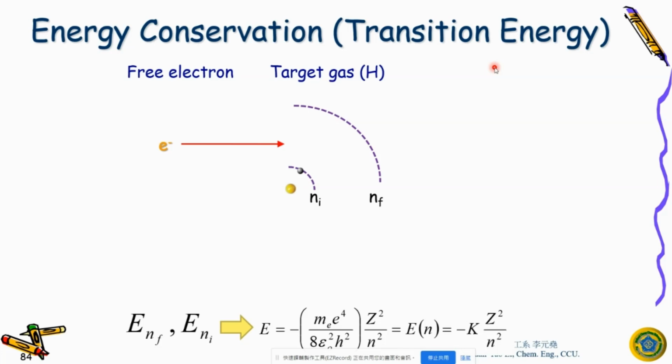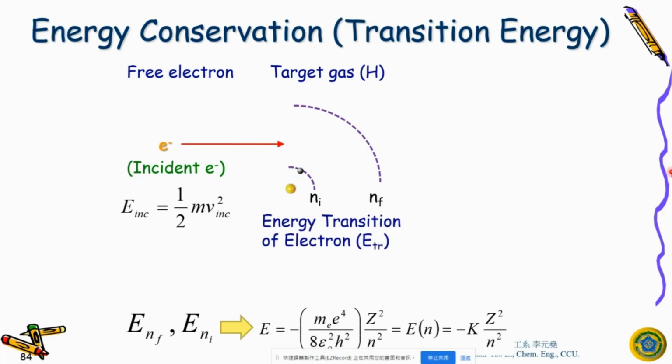If the free electron hits this target gas and the energy is big enough, this energy will be about half of the mass times velocity squared, right? This is kinetic energy. Of course, this electron has no potential energy.